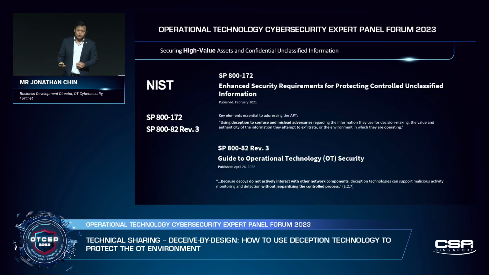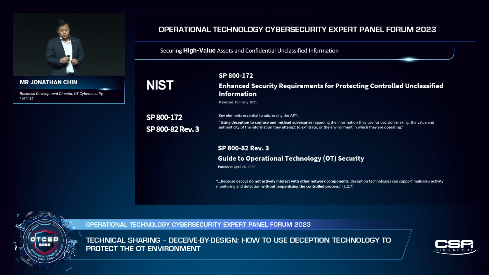If we talk about rules, NIST is a global standard for how we want to control controlled unclassified information. We have SP 800-172, which talks about using deception to confuse and mislead adversaries regarding information used for decision making. And even something more specific, SP 800-82 Revision 3, specific to OT security.